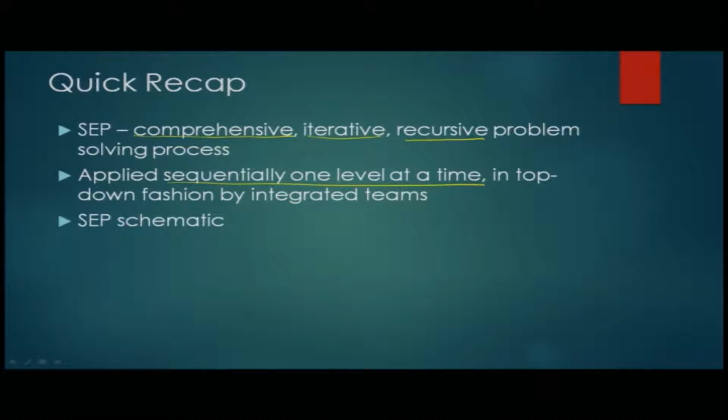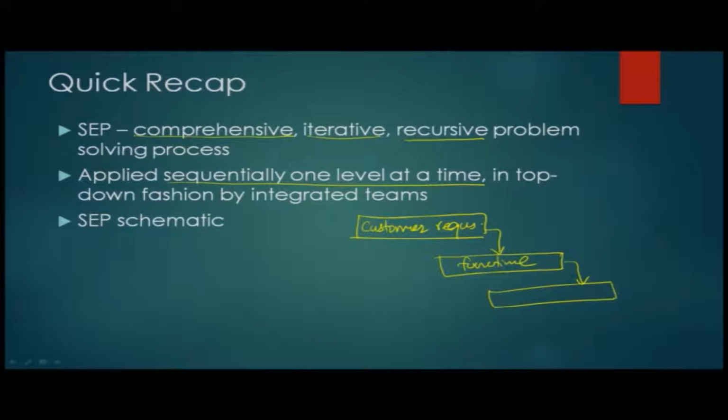As we said earlier, systems engineering to a large extent starts with what we call the customer requirements at one level. Then from there you go down to the next level, from where you identify the functional requirements. Then from there you do the modules, and from modules you do the subsystems.